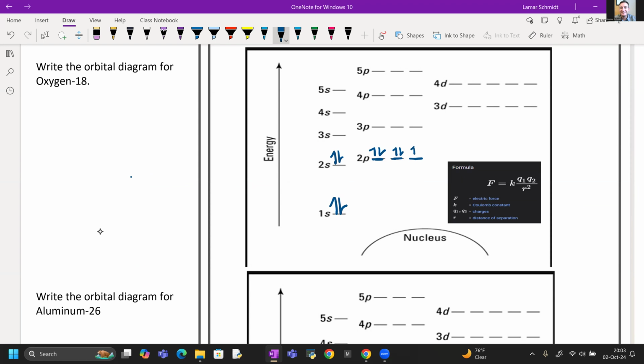If that was 2p5, that would be a good electron configuration: 1s2, 2s2, 2p5. But what would not be good is, and this might be a little bit difficult to see, if I did this number here, I know it looks the same that I drew it, but maybe if I did a 2p4, that would be a little bit better.